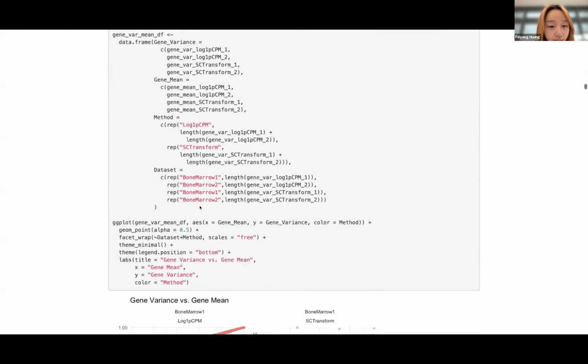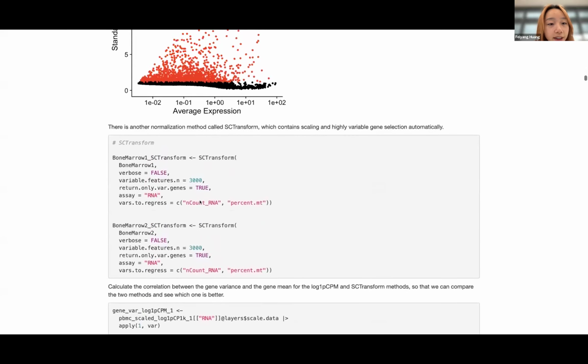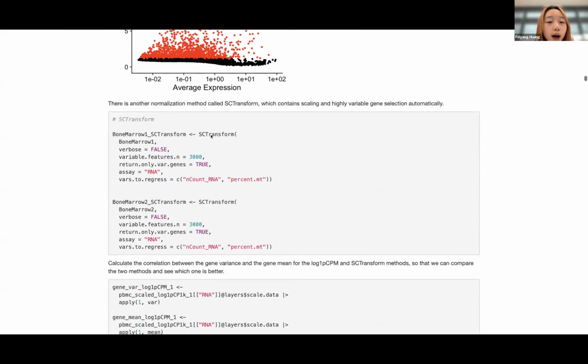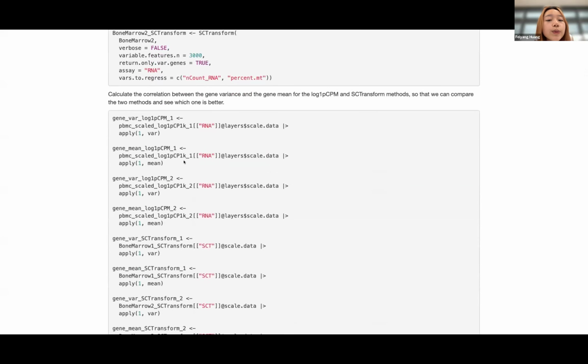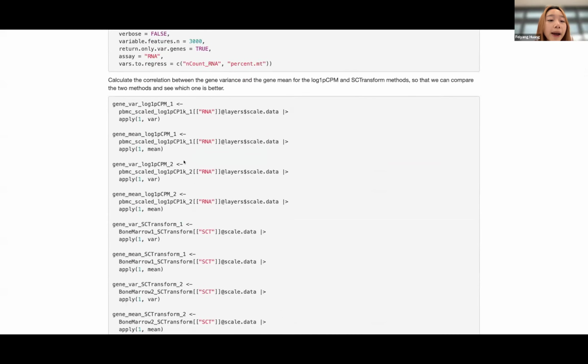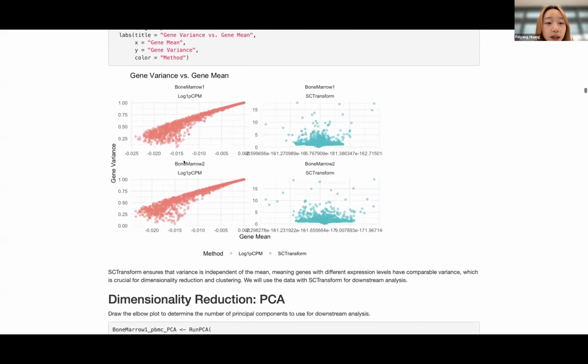And then I also perform another normalization called SCTransform, which does the scaling and highly variable gene selection automatically. I will calculate the correlation between the gene variance and the gene means for both methods, and we can compare which processed data we want to use for the downstream analysis.